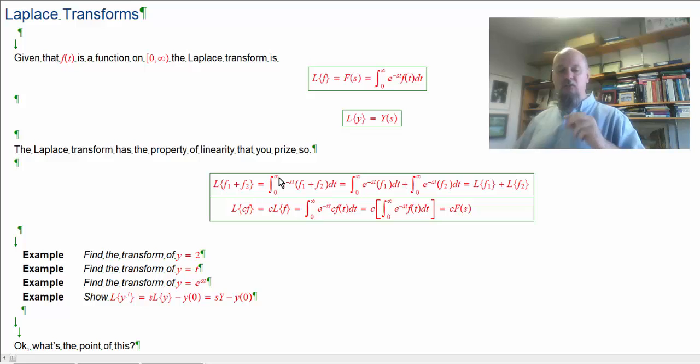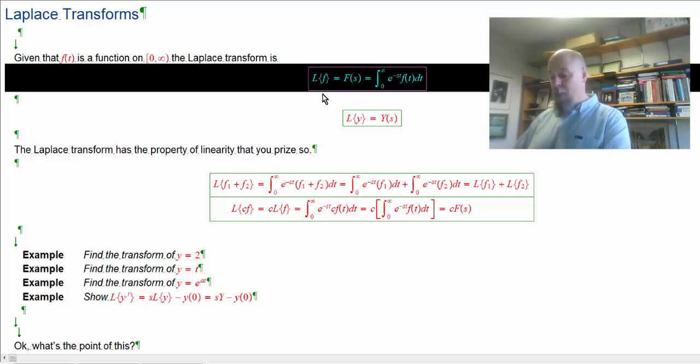Our convention is that if you transform a lowercase letter, it becomes an uppercase letter, so we can keep track of what's in the Laplace world and what's in the regular world. And we've used the linear properties of an integral to get the linear properties of this integral transform, this Laplace transform. But let's actually transform a function.